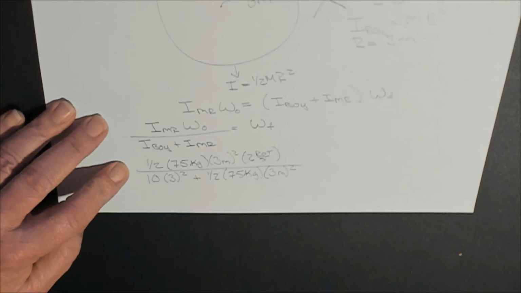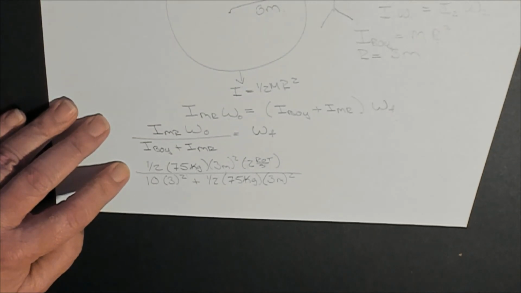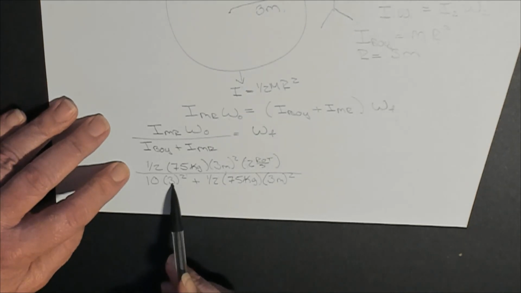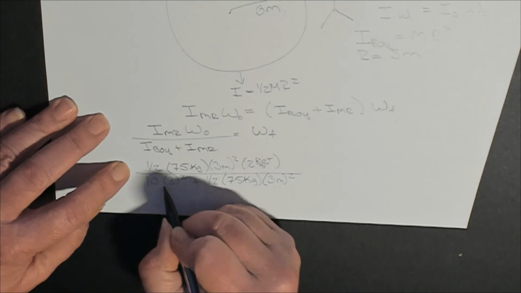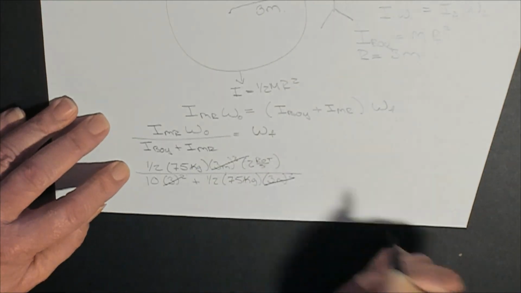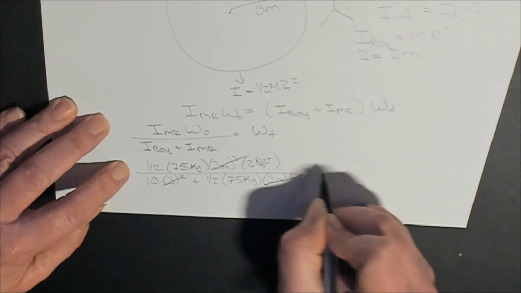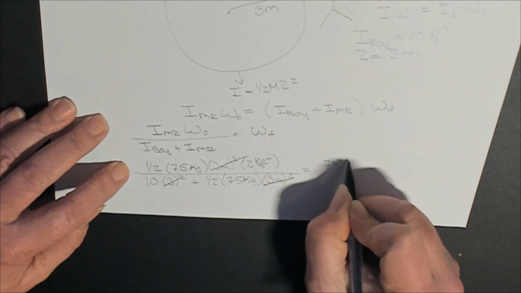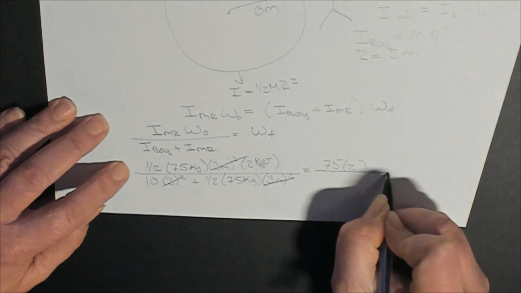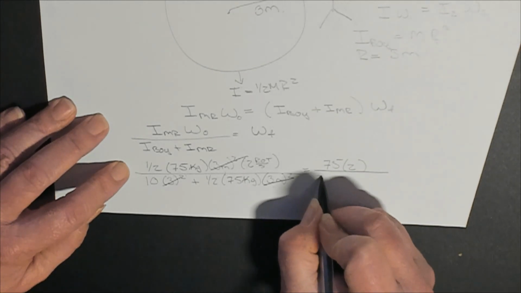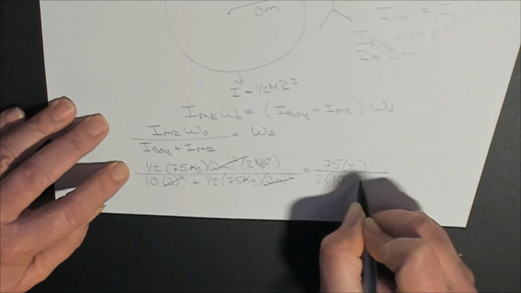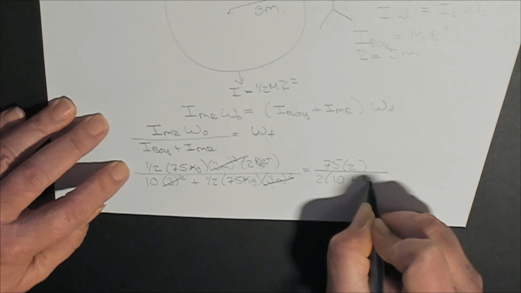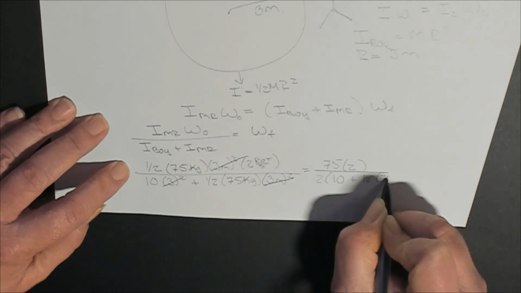Sweet. Now before I button push anything, I look at this and I have a 3 squared in this term, 3 squared in this term, 3 squared in this term. My 3 squares are all going to cancel out. So just a little less button pushing, I'm going to end up with 75 times 2 divided by 2 times 10 plus 1/2 times 75.